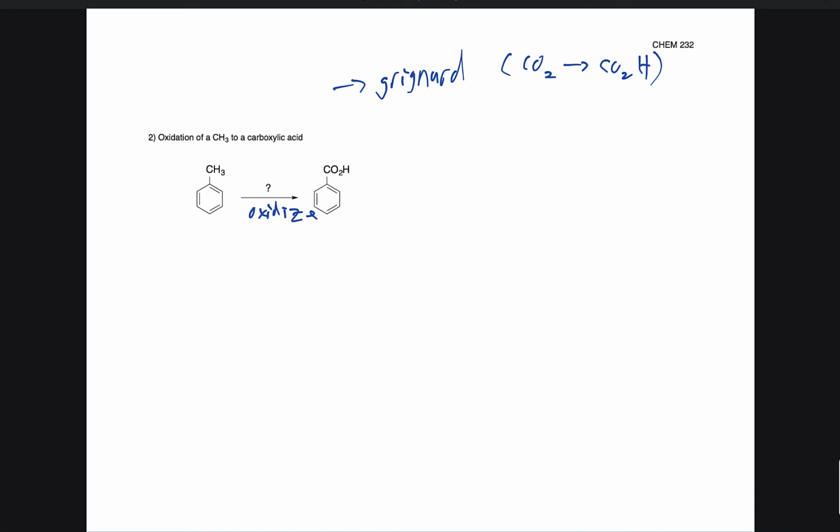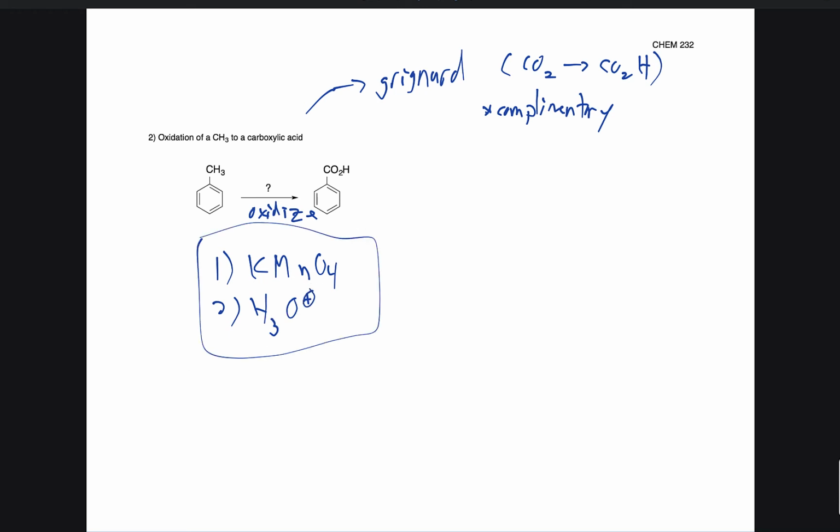This is also sort of another complementary reaction to that. So for these conditions, pretty simple. These are usually called KMnO4 oxidations, potassium permanganate oxidations. So these conditions here can oxidize a CH3 to a carboxylic acid.